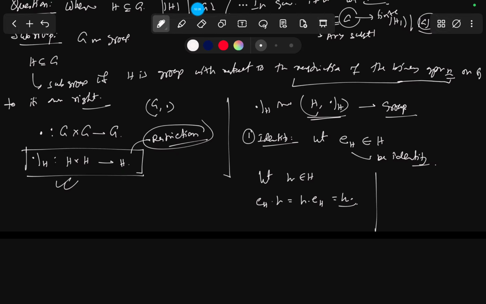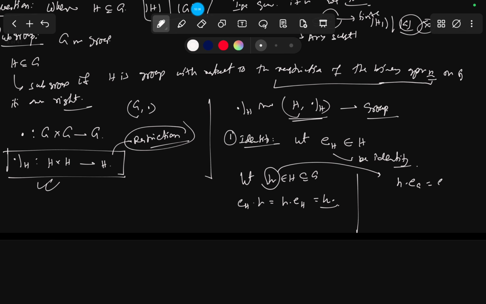And we also have that since h is in G, h times e_G, the identity element of G, times h is h, for all h, right?